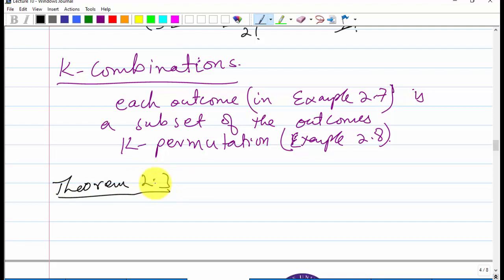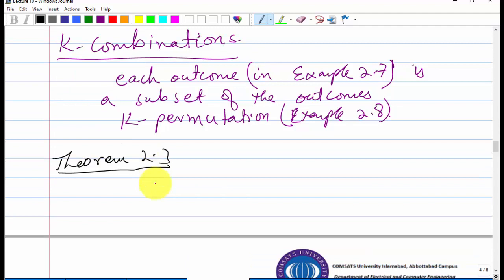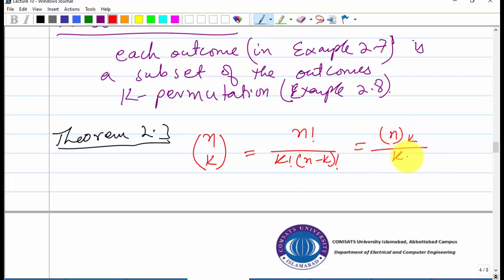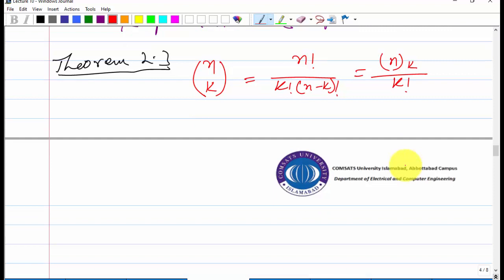The number of ways to choose k distinguishable objects out of n distinguishable objects is n choose k, which is n factorial divided by k factorial times n minus k factorial, which is actually equal to k permutations divided by k factorial. So the order will be reduced by k factorial. Obviously combinations will be less than the permutations.